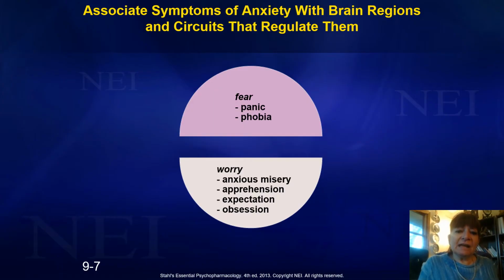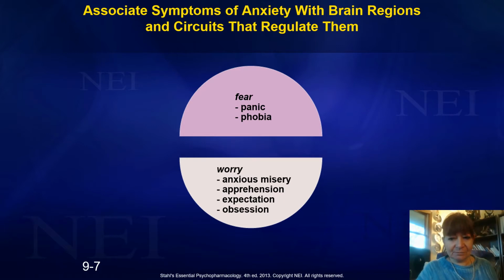So anxiety can be divided into fear and worry. They're different. When we think about fear, we think about panic and phobias, and these are controlled by an amygdala-centered circuit.